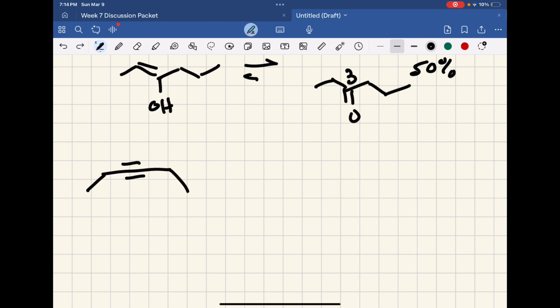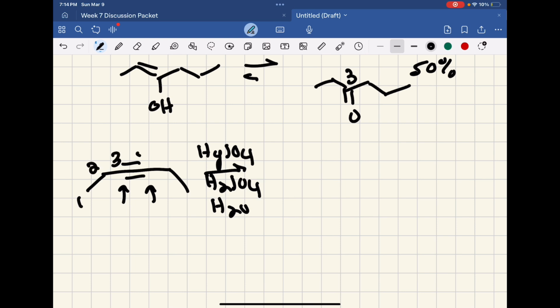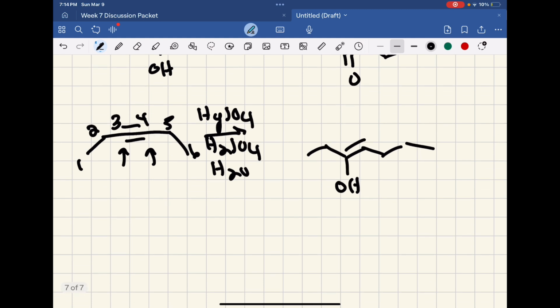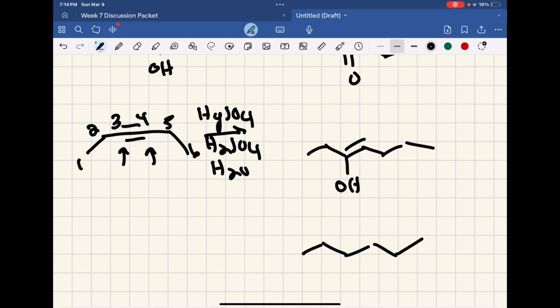Again, mercuric sulfate, sulfuric acid, water. So both of these carbons are the same substitution. The molecule is symmetrical. The longest parent chain is a 6-carbon fragment. The double bond is between 3 and 4. This enol versus 1, 2, 3, 4, 5, 6.